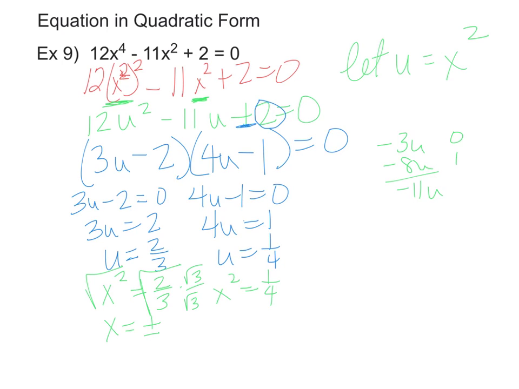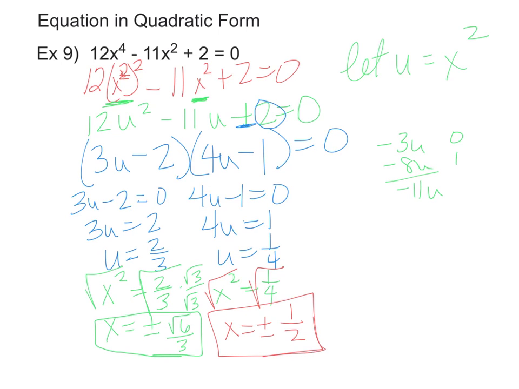Rationalizing that denominator, I end up with the square root of 6/3. Because that 6 is under the radical, I cannot break it down any farther. And whenever you square root this side, again, you still plus or minus. And the square root of 1 is 1, and the square root of 4 is 2.